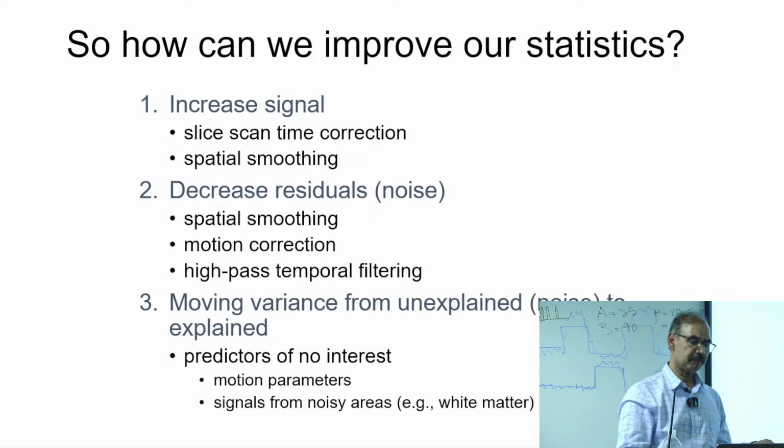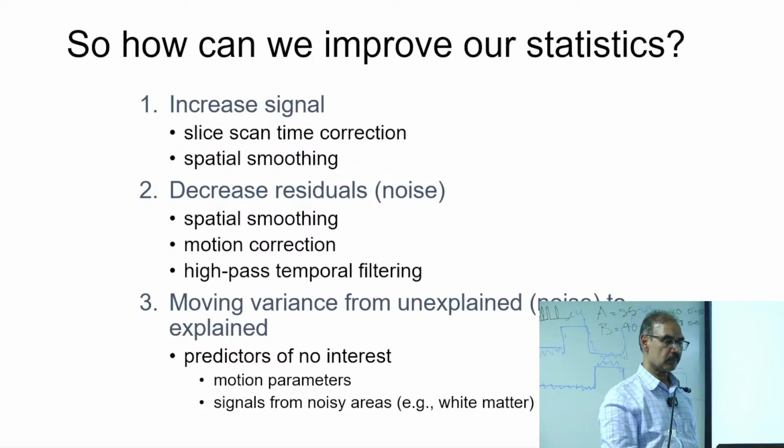So in that way, the other way is to reduce the residual noise, right? And that can be done using motion correction, spatial smoothing, high-pass temporal filtering. Again, high-pass temporal filtering would simply get rid of the high-frequency noise component.